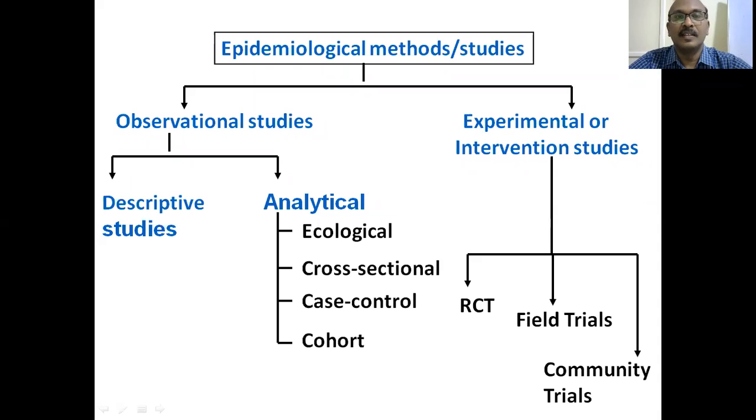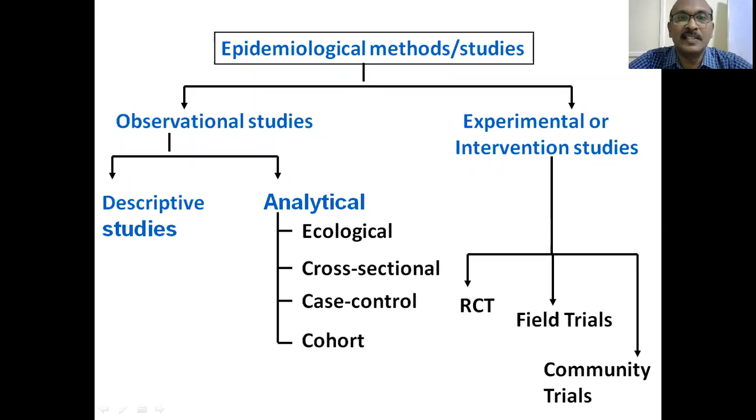The epidemiological methods or studies are of various types. They are divided into observational studies and experimental or intervention studies. Observational studies are again subdivided into descriptive studies and analytical studies. In descriptive studies, the unit of study is the population.